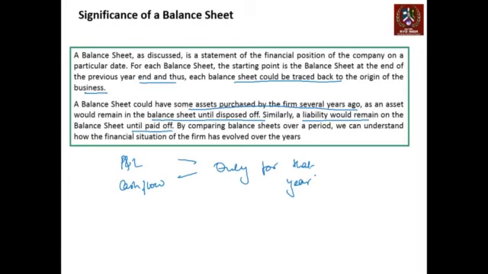But because a balance sheet retains the assets and liabilities from historical points, you could get an understanding about how the business has run over the years, going back multiple years. If a firm took a lot of loan in 2010, you would still see it there and you'd realize there's something wrong that the company did. The P&L and cash flow will only tell you what the company did in the last year, right? That's the significance of a balance sheet.